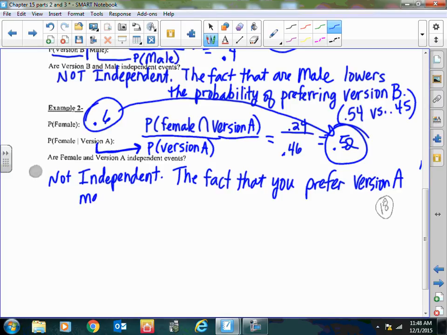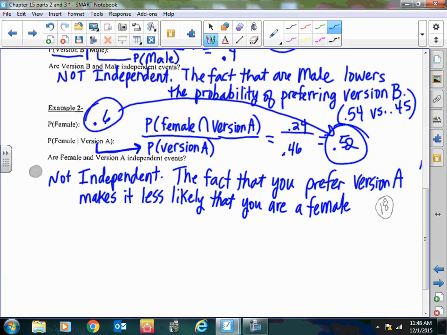More or less? Makes it less likely, good, that you are a female. And then I support that with actual statistics: 0.6 versus 0.52. Okay, all right, very good.